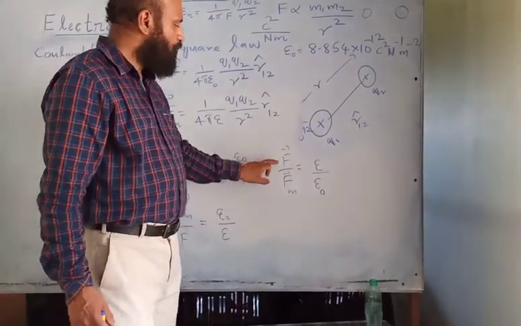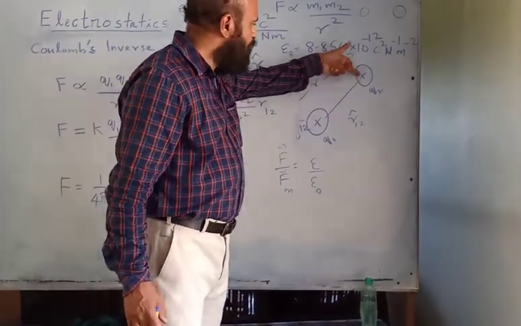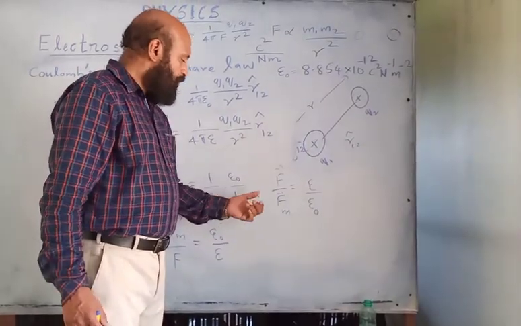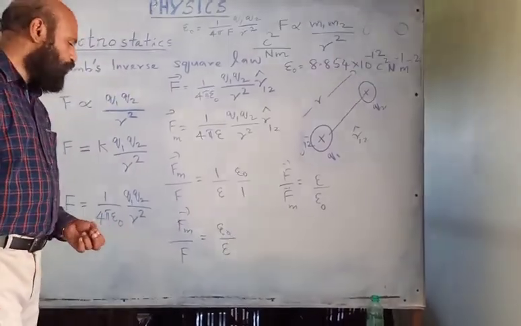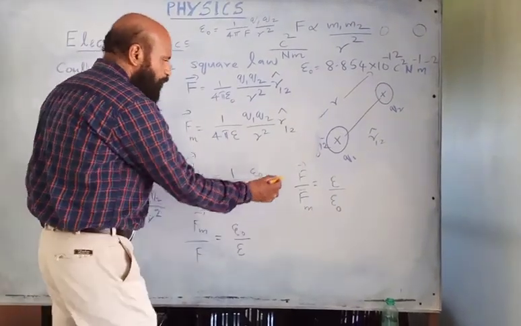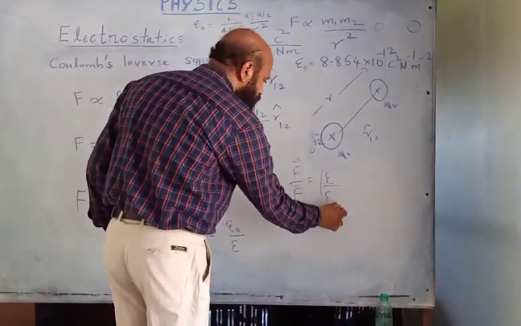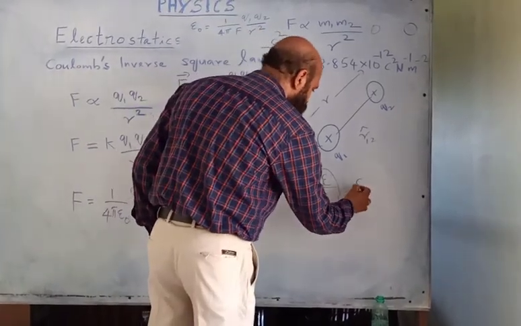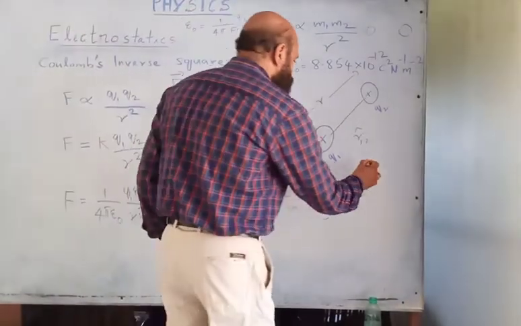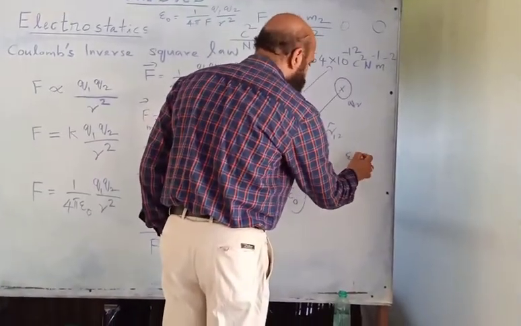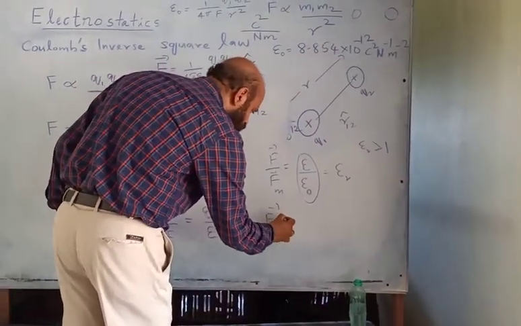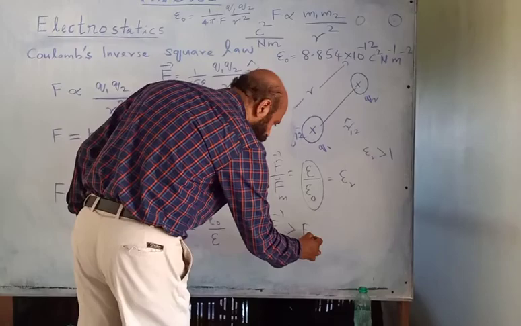That means the force between two charges is maximum when it is kept in air or vacuum. When it is kept in some other medium, the force is going to be lesser. Epsilon by epsilon 0 is called the relative permittivity, epsilon r. Relative permittivity is always a number greater than 1. So F will always be greater than Fm.